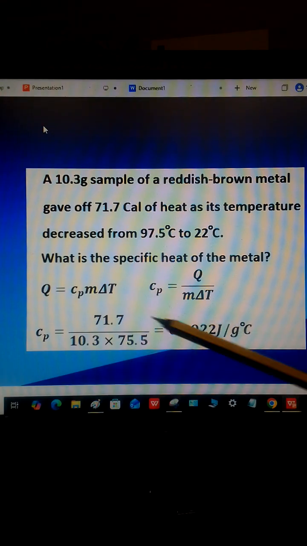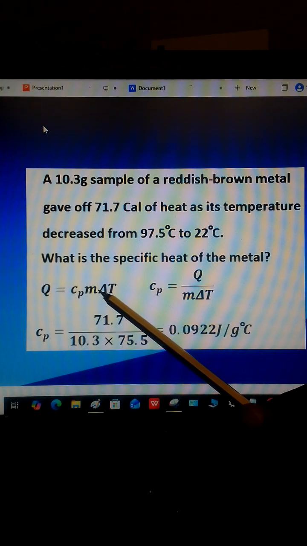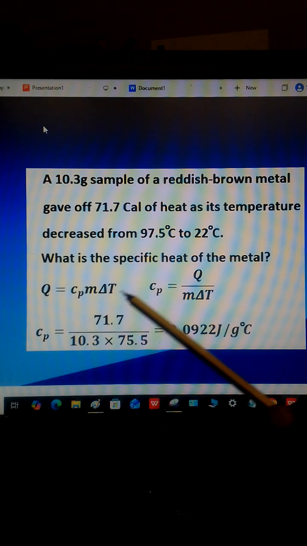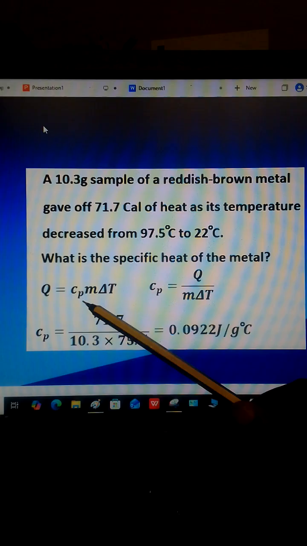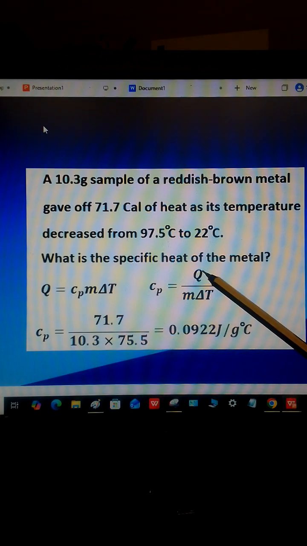So we have that formula there. Quantity of heat is equal to Cp times mass times delta T, change in temperature. We are required to find Cp. So Cp is equal to the heat energy required divided by mass times change in temperature.